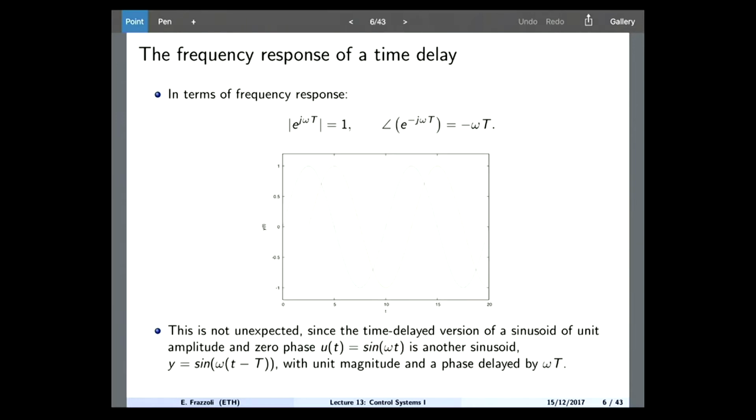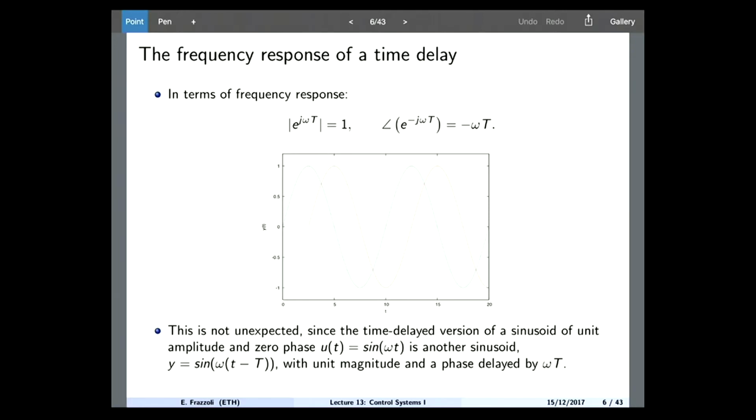But let's look at what it means in terms of frequency response. Let's say that this is the input, the blue line. The output, if I have a delay of, in this case, 2.5 seconds, the delayed version is just the same wave function, shifted in time.